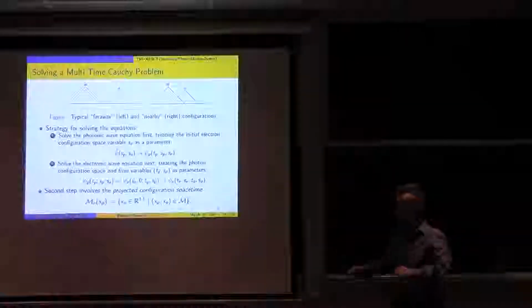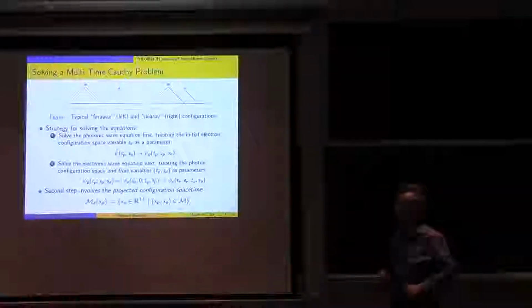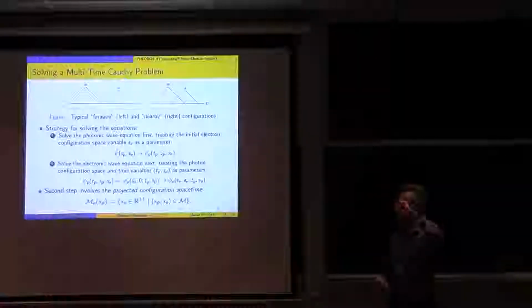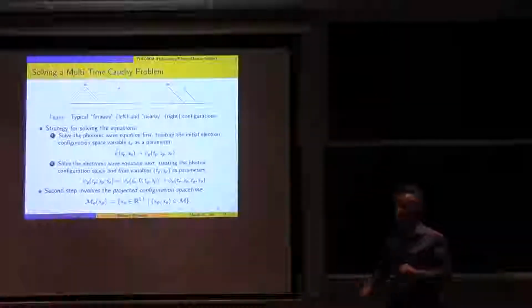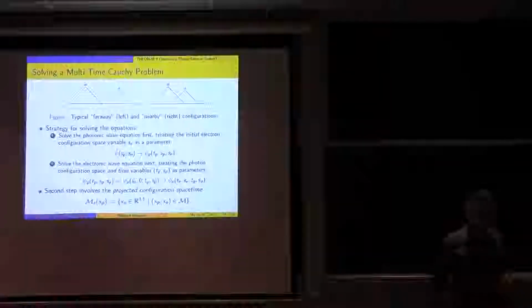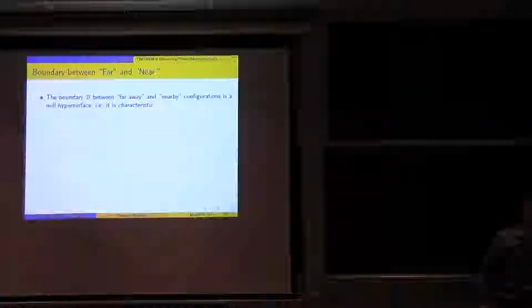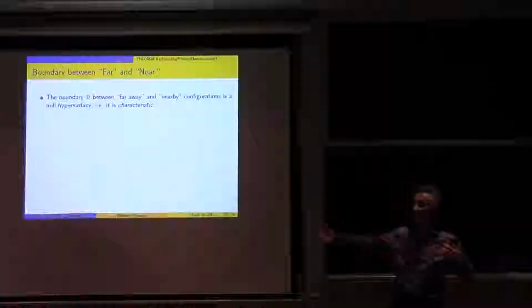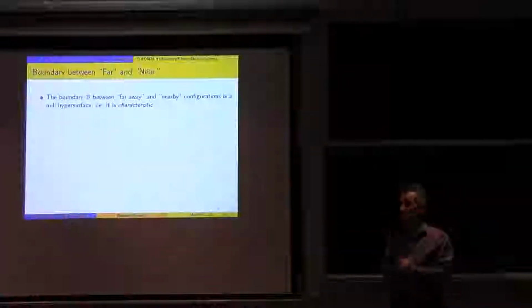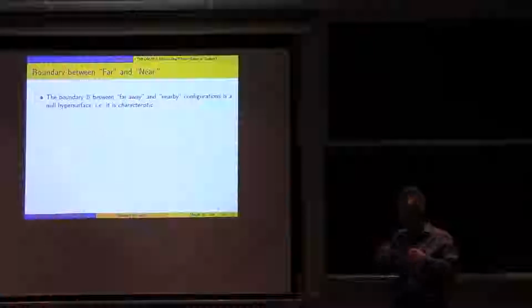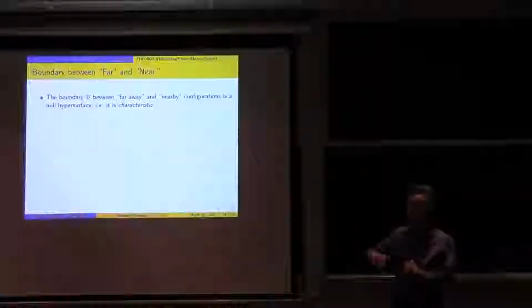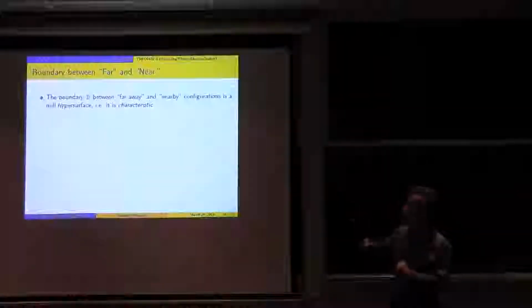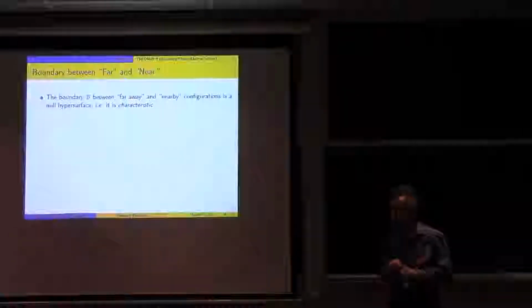Where you project down on a copy of a space-time, but the location of the photon is now fixed, and the electron is moving around. So working in this space, you realize that there is the boundary between far-away configurations and nearby configurations. Remember, it made a difference if they were far away or not. And here, this boundary between these two configurations comes in.